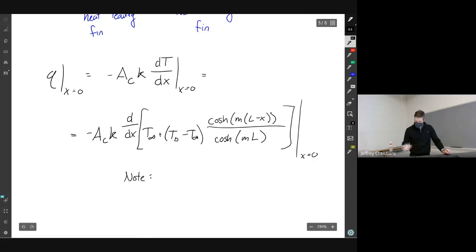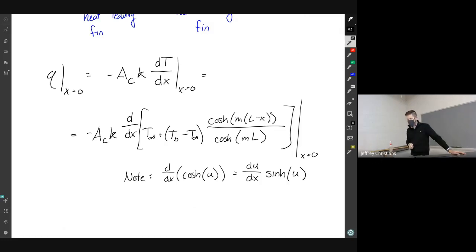So to do this, you would have to look up what's the derivative of cosh. So d/dx of cosh u equals du/dx times the hyperbolic sine of u, right?